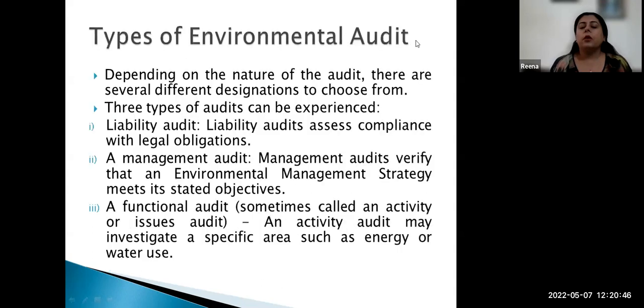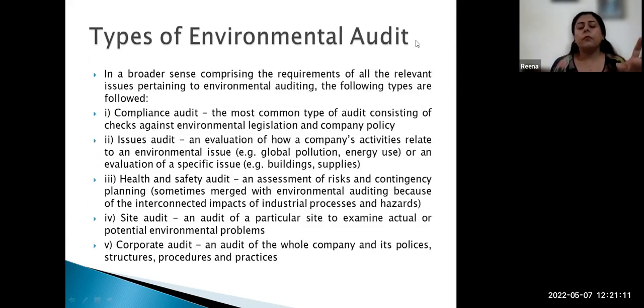So again, these environment audits can vary from liability audit to management audit as per the requirement of the industry. These audits can differ from project to project, from industry to industry, and these are basically voluntary audits. So Form 5 is a requirement as per law, but otherwise functional audit, management audit, liability audit can vary from company to company.